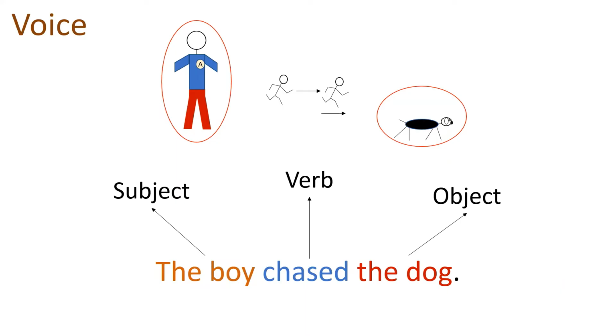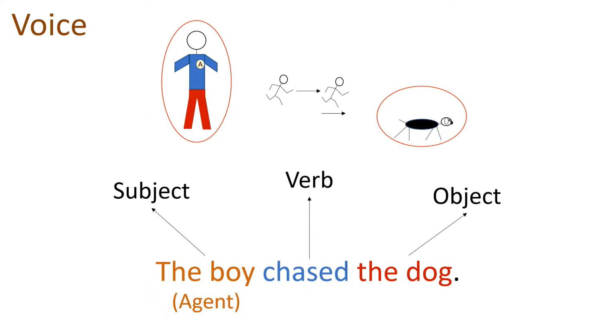Let's go back to the sentence, the boy chased the dog. Chased, as we said before, is a transitive verb because it takes both a subject and an object. In English, the subject goes before the verb and the object goes after. In this sentence, the boy is the agent of the verb.